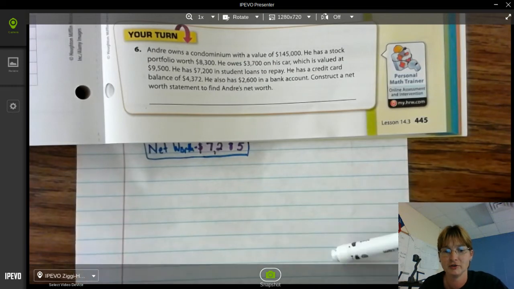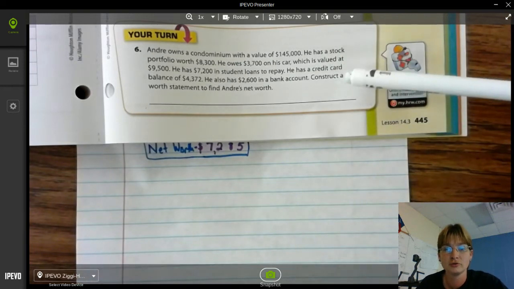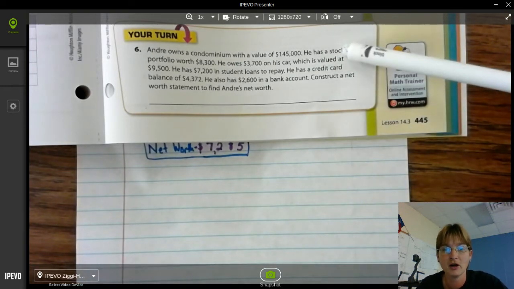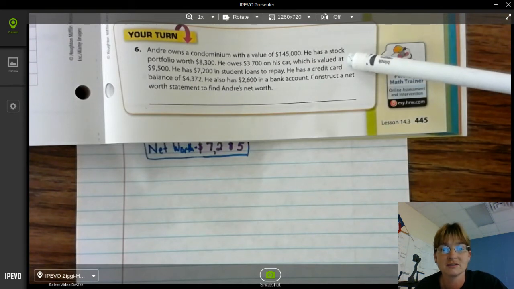To finish out the notes, I want you to look at this problem. Andre owns a condominium with a value of $145,000. He has a stock portfolio worth $8,300. He owes $3,700 on his car, which is valued at $9,500.